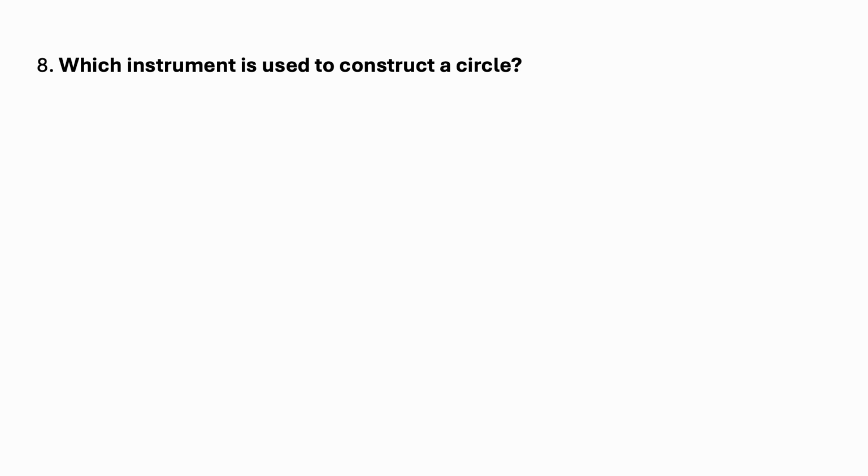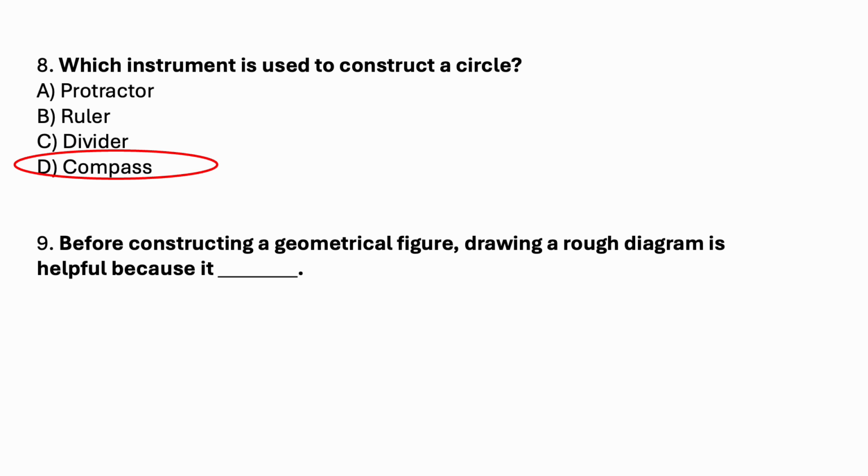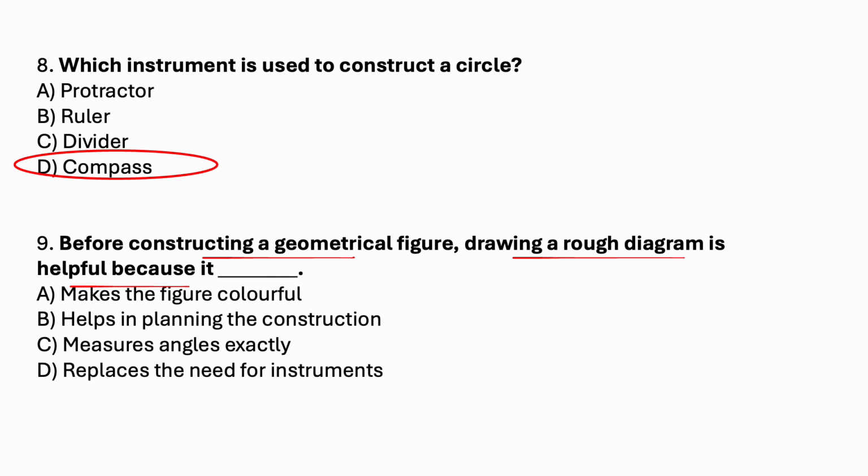Next one, which instrument is used to construct a circle? Options are protractor, ruler, divider, compass. Which is the correct answer? Compass is used to construct a circle. The next one, before constructing a geometrical figure, drawing a rough diagram is helpful because options are it makes the figure colorful, it helps in planning the construction, it measures angles exactly, it replaces the need for instruments.